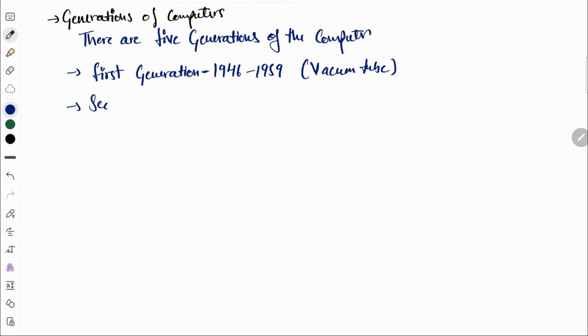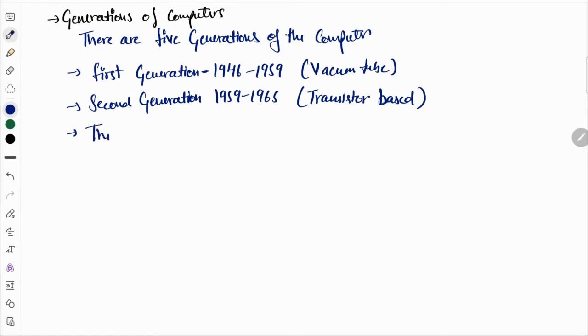Second generation, 1959 to 1965, transistor based. Third generation, 1965 to 1971, integrated circuit based.